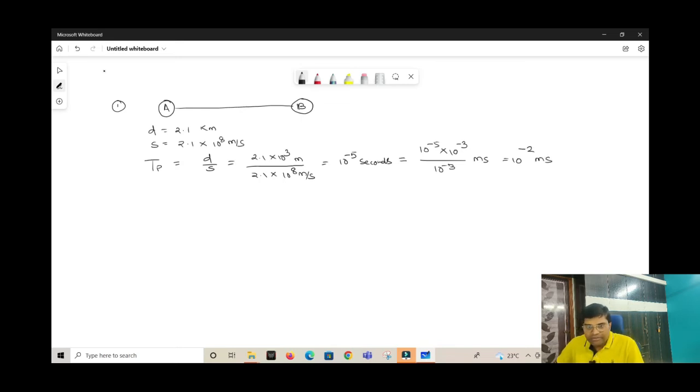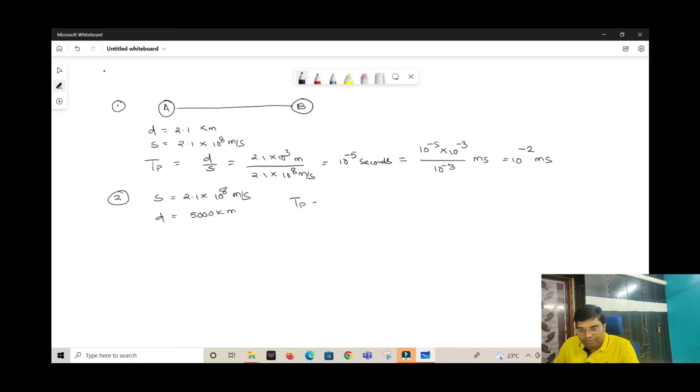Correct. Now consider another example. The question is: find the propagation delay if a packet is sent through an optical fiber. Here they have mentioned the packet is sent through the optical fiber, so indirectly they are telling us the speed is 2.1 into 10 to the power 8 meter per second, and the distance between sender and receiver is 5000 kilometer. It is very similar to what we discussed in the previous example.